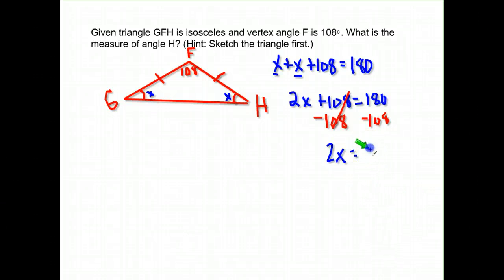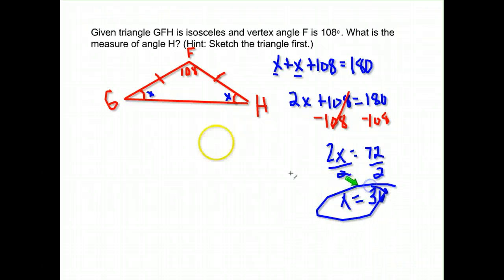That leaves me with 2x equals 72, and I finish by dividing both sides by 2. And I'm left with a measure of 36 degrees. So I know in this triangle, not only angle H, but also angle G are 36 degrees.